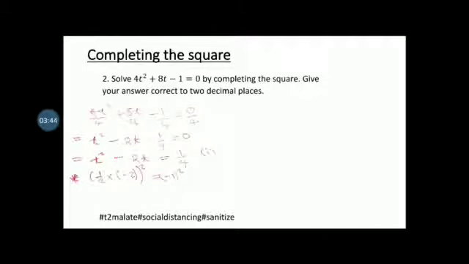So this is the term we are adding on equation 1 on both sides. So our equation now becomes t squared plus 2t plus, we add this term, 1 squared is equal to 1 over 4 plus 1 squared.